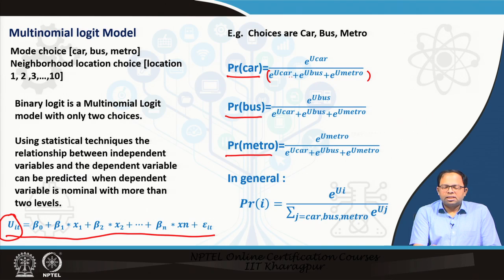It is the summation of e to the power utilities of all the different modes, and this could be written as the summation over j equal to car, bus and metro of e to the power Uj. This is the form which we adopt in a multinomial logit choice model, and the denominator is also known as the log sum.